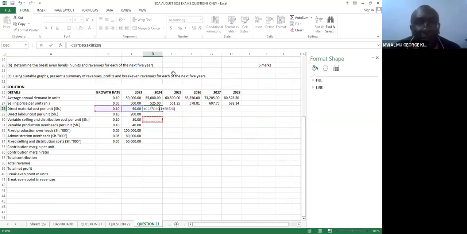Oh, sorry. First of all, enter. Ndio nikuja hapa. Autofill that way. The same case equals this times 1 plus this, F4, close the brackets, enter.